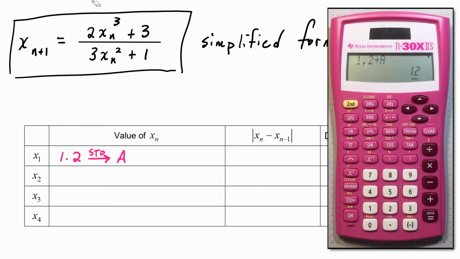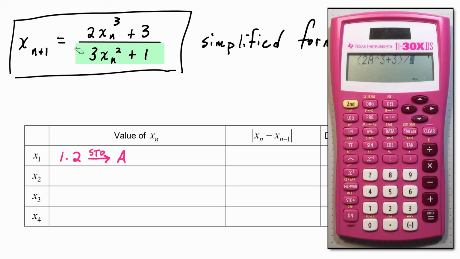So now that value is stored in A. Now I want to perform this calculation to find x2. So to do that, let's hit the parentheses, because notice that this numerator will have to be put in a set of parentheses. We have 2, and then memory variable A, which is showing you what that value is, and then we have to take that to the third power and add 3, close the parentheses, so that is our numerator, divided by the entire denominator.